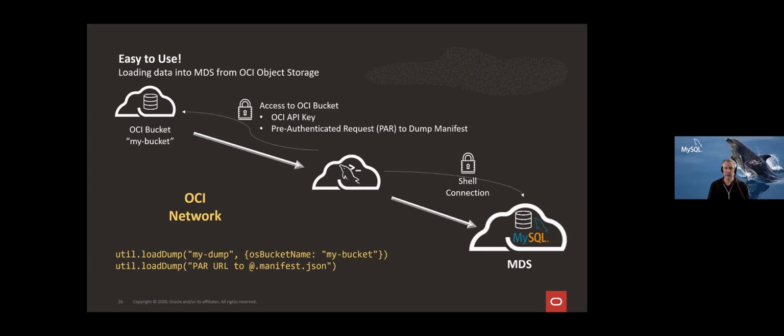By default, that amount of time is 1 week, but if it's going to take only 1 hour, for example, you can make that 1 hour. And then that URL is only good for that amount of time.